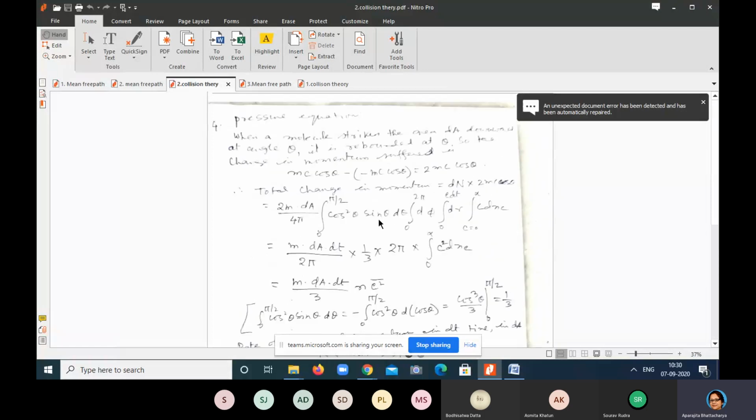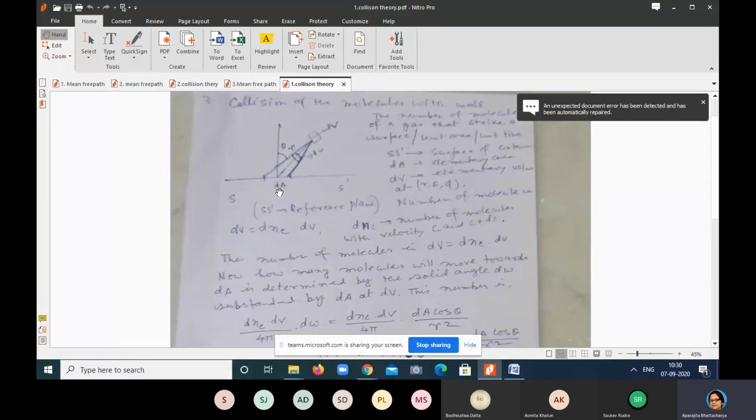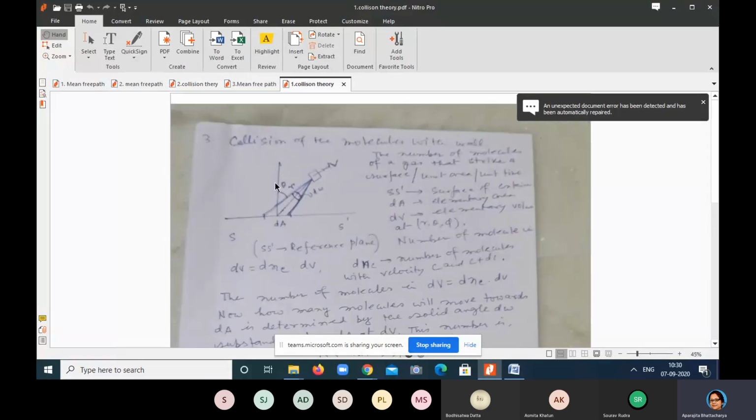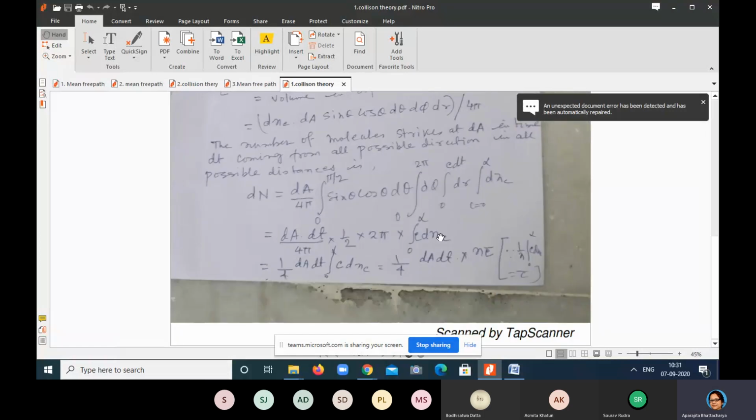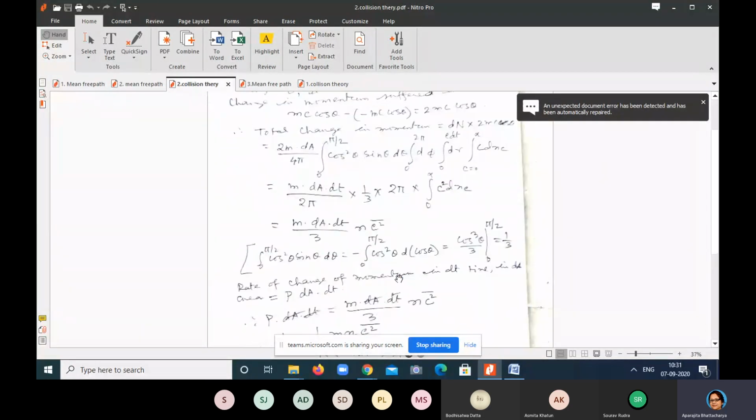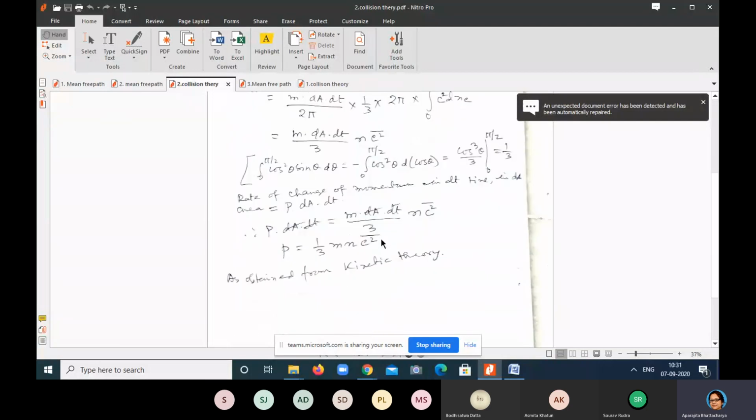So this is another way of defining the derivation of the kinetic theory of gas. It is from the collision theory. I think it is good to study it in a different approach, where we are coming to some integration like this, and that will be interesting to find out. Yes, we are getting the same result in the context of the other theory also.